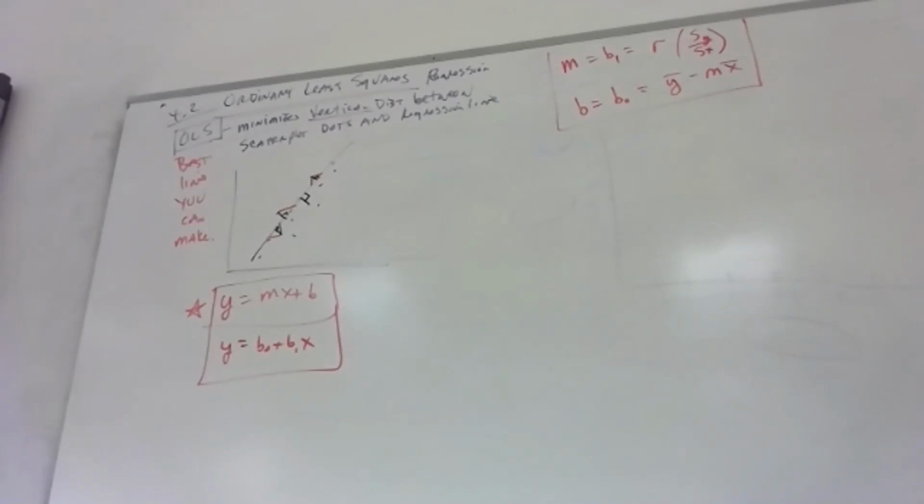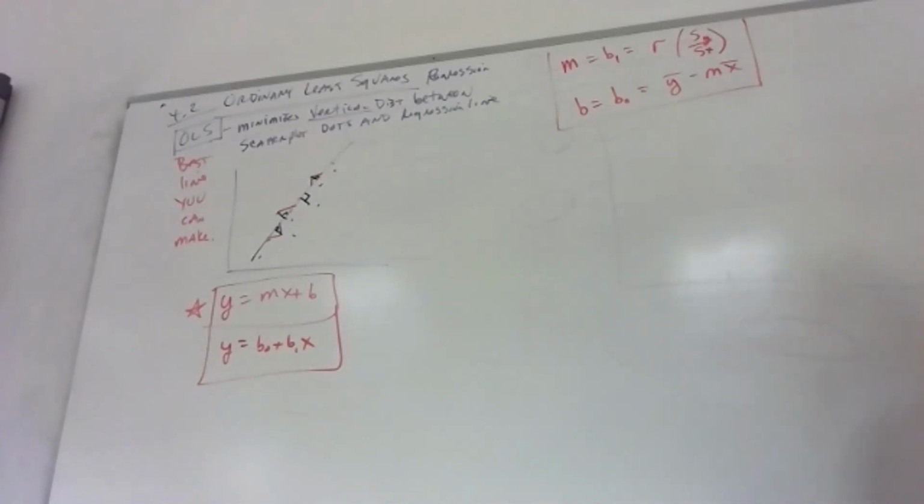Oops, and that's equals STDEV of the X. And I'm going to copy that to there. And let's do the mean, which is the average of these, X and Y, okay.